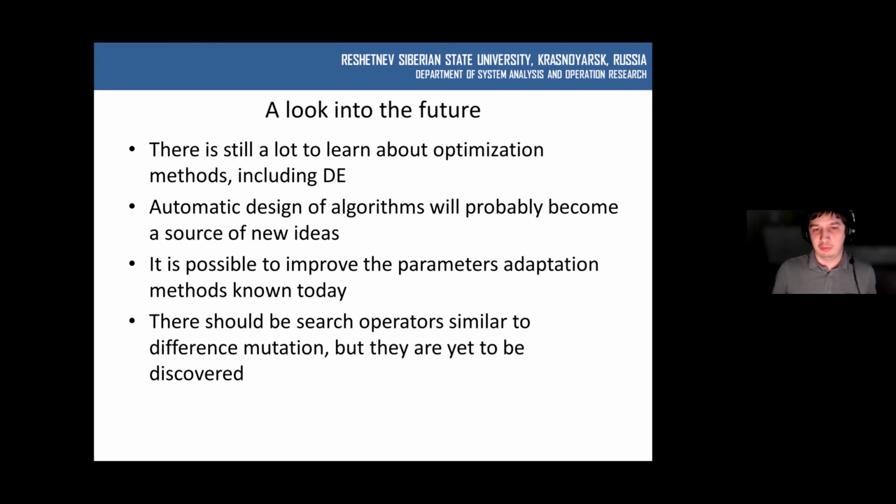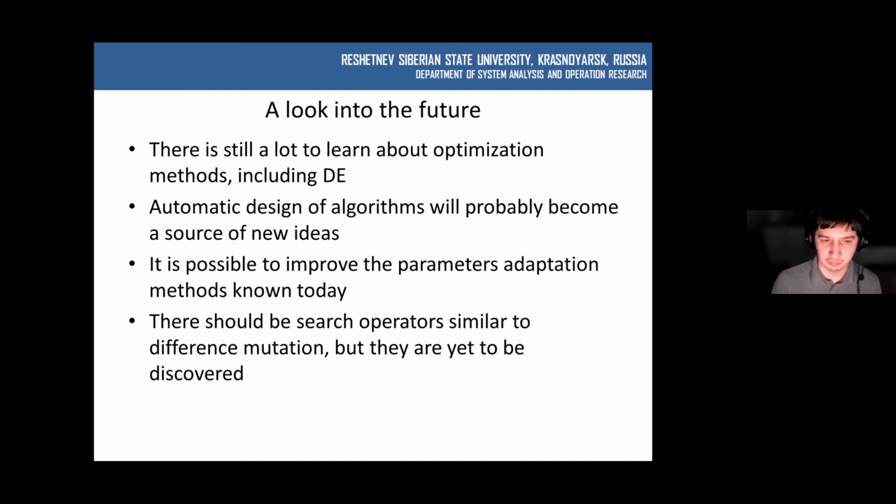So what's going to happen in the future? Of course, there is a lot to learn about optimization methods, including differential evolution. And we hope that automatic design of algorithms is something that will come to this area in the next several years.